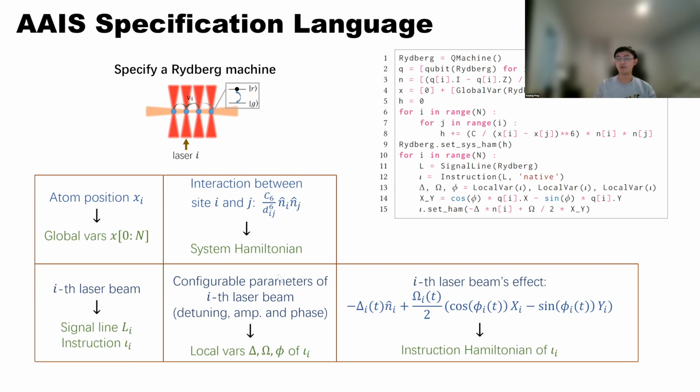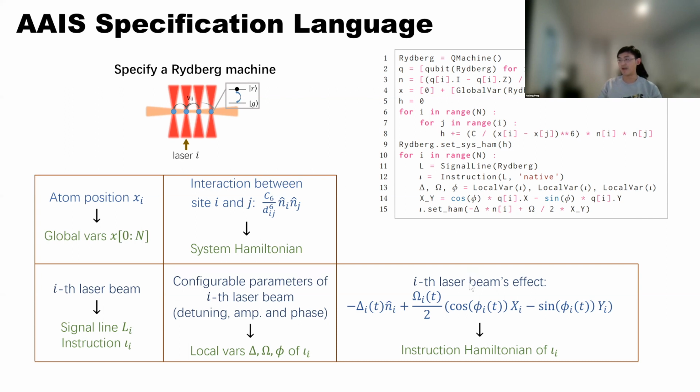The configurable parameters of the ith laser beam, including the detuning parameter, amplitude parameter, and the phase parameter, are abstracted as local variables delta, omega, phi of instruction delta i, which is programmed in line 13 here. And they are programmed as local variables, meaning that each instruction call can have a different valuation of all these variables.